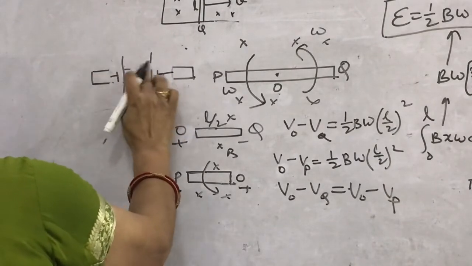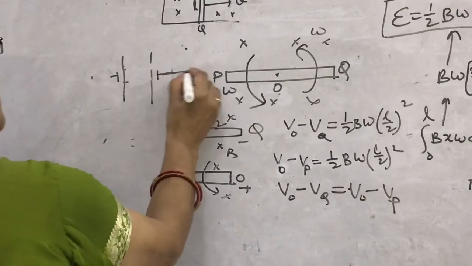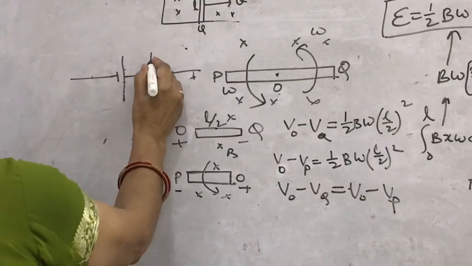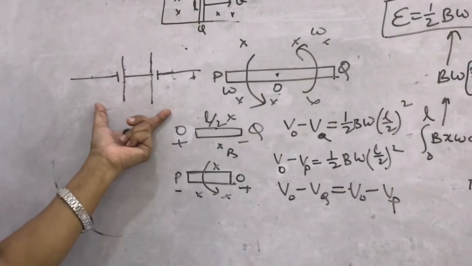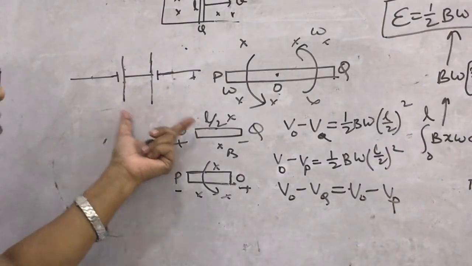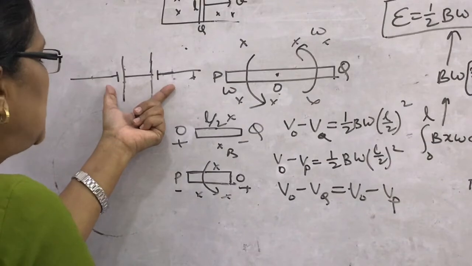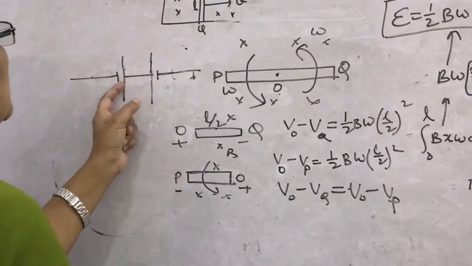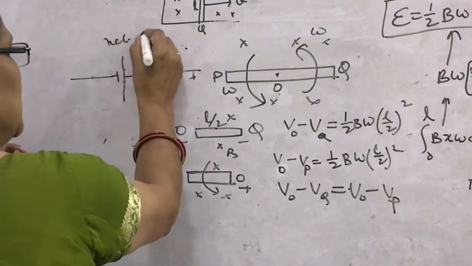So the whole rod can be supposed to be equivalent to two cells having their positive terminals connected together like this. What will be the net EMF? 0. What you are observing here is that these two terminals are negative terminals and the positive terminals are connected, so the net EMF is 0.